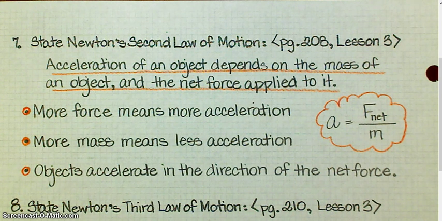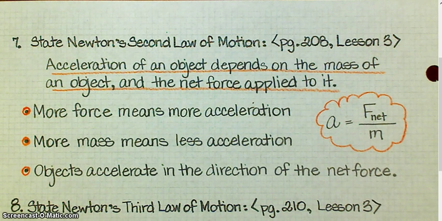So if you push on something harder, you're going to make it accelerate more than if you push on it, not so hard. You also know intuitively, meaning just by common sense and experience, that greater mass is harder to move. So more mass is going to lead to less acceleration.